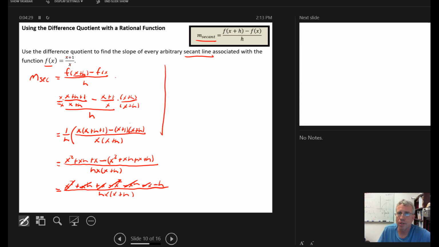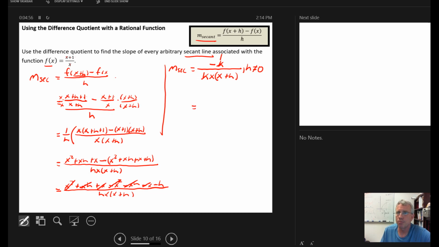So I'm going to step over here, so I get m secant, the slope of the secant line, is equal to, I have a negative or opposite of h in the numerator, over my denominator, which is h times x, times parentheses x plus h. And then I want to notice that h divided by h equals 1 as long as h is not 0.